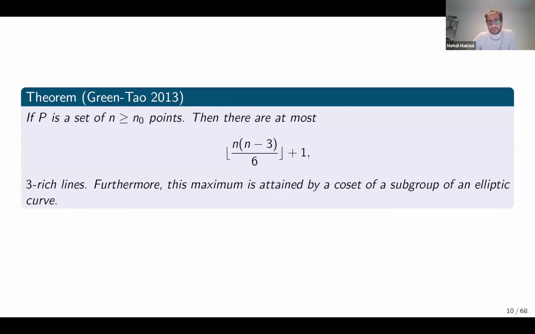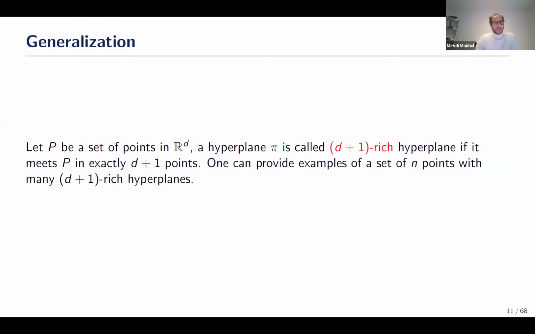And this is the only example that gives us the maximum possibility. Now let's generalize this result to a higher dimension. Most of my talk is about the generalization of this problem in higher dimension. So suppose that we have a set of points in R^d.